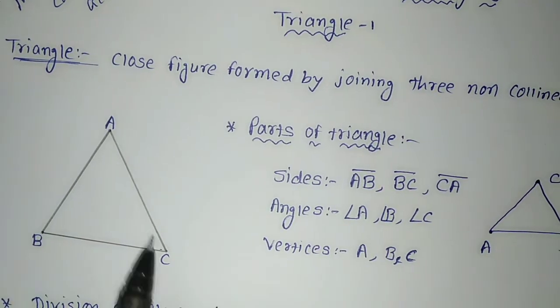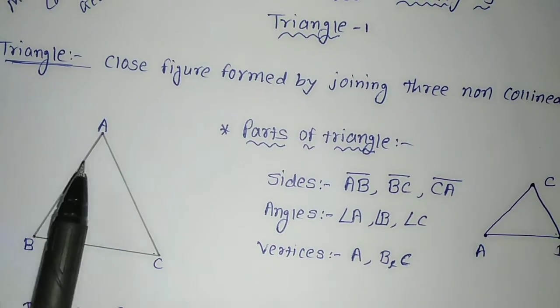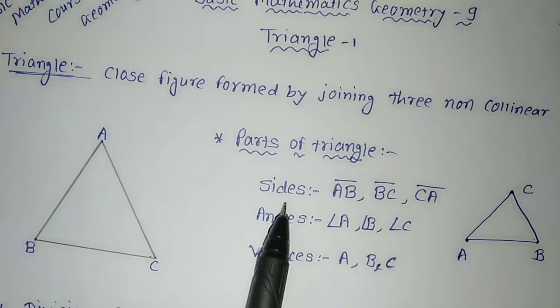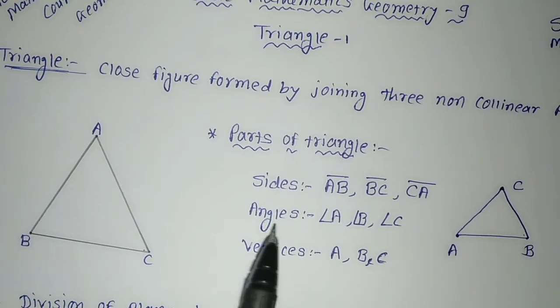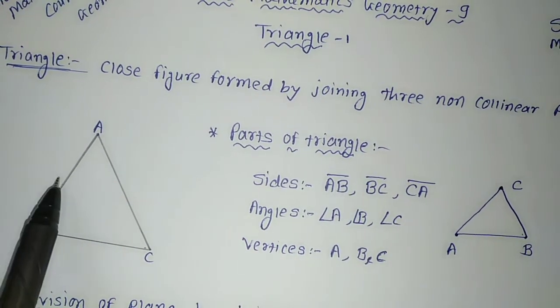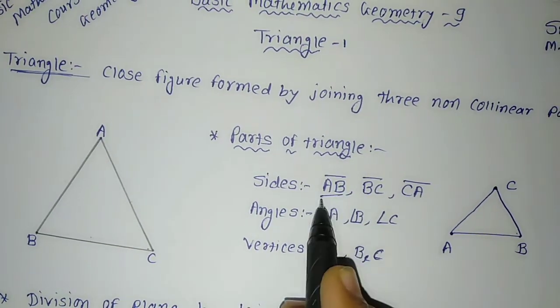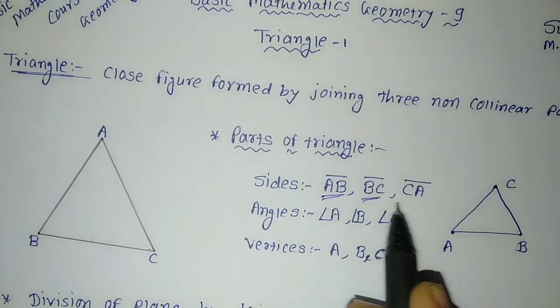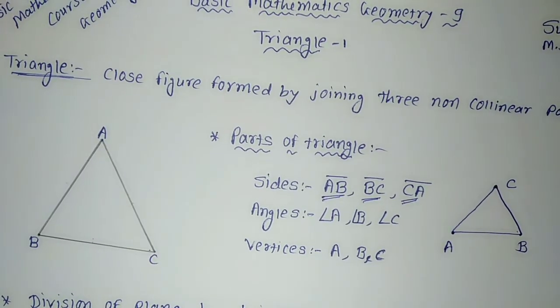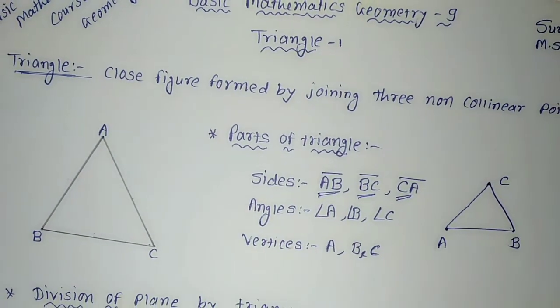These are called the sides of the triangle. So the first part we can see is the sides of the triangle. From the figure you can see AB, BC and AC. So these are the three sides of the triangle.